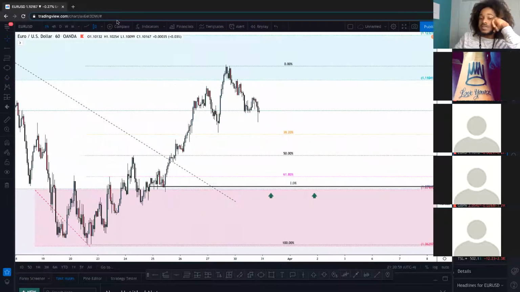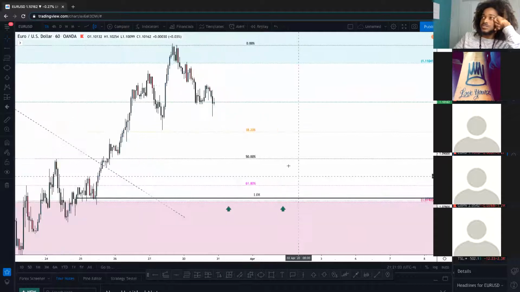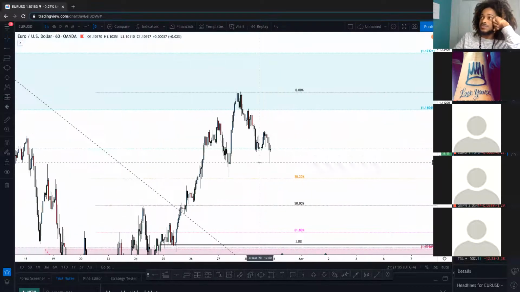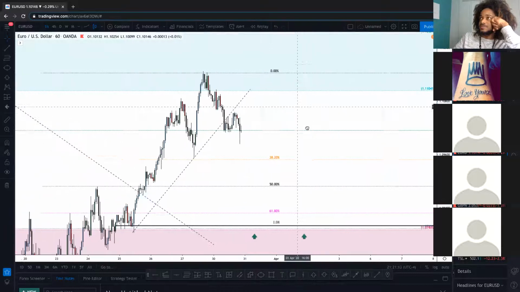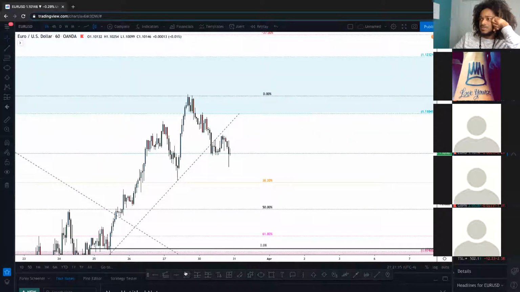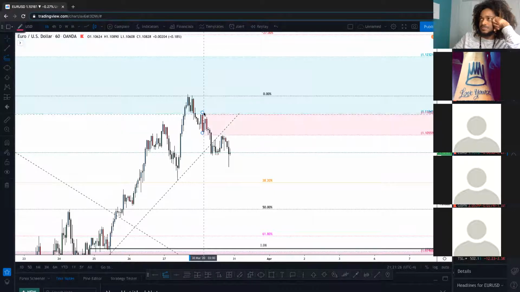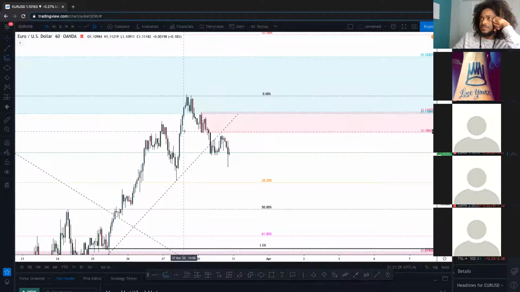So if you would like to short it down to the entry, where would be the best area to go short? What do you find out? You find the lower time frame supply and demand zone, which would be here, right? 4-hour supply and demand, right?